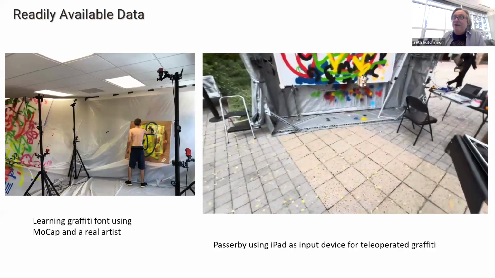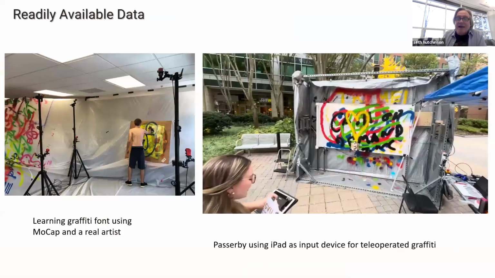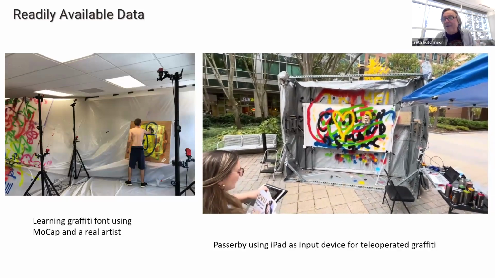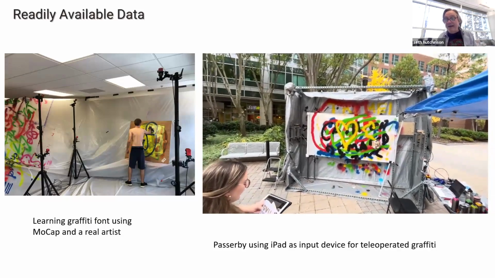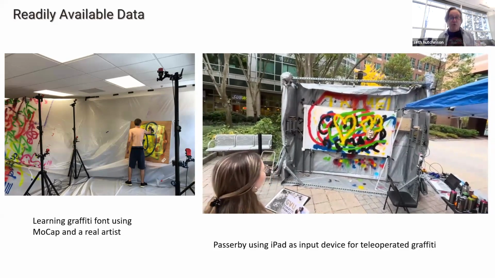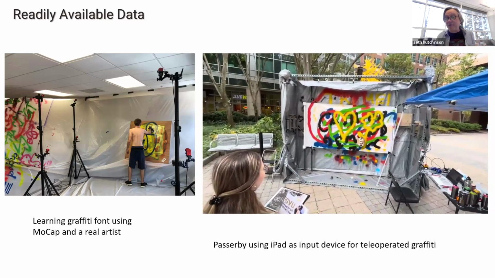His whole graffiti font set is something we learned using motion capture data. And we frequently go into the field and let people play with basically doing teleoperation using an iPad to drive this around to do their own graffiti. So there's a lot of data that we could use on the front end to sort of create interesting trajectories, but everything about the robot itself is model-based.